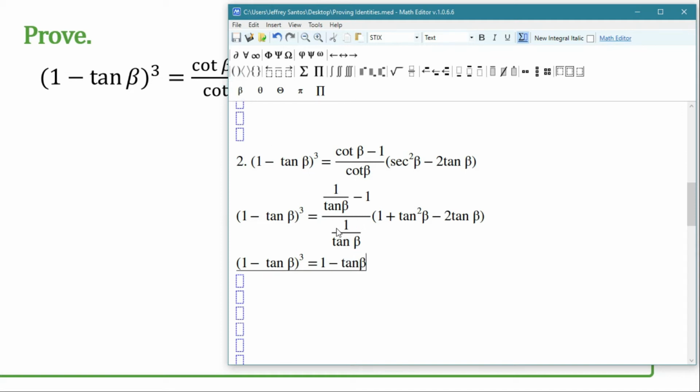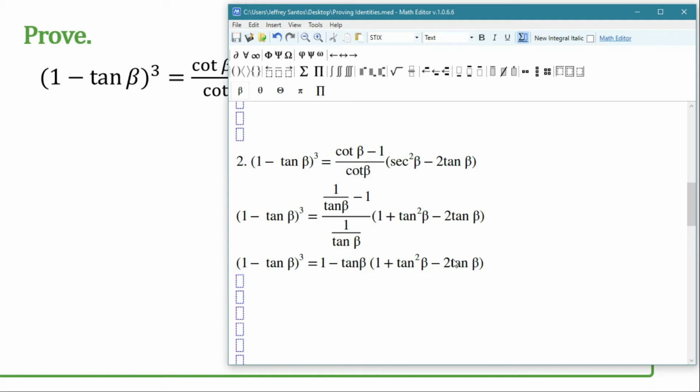So, if we simplify this one, ito po yung kalalabasan niya. Using the knowledge of simplifying complex fractions. And then, we copy this one because we cannot simplify it anymore. So, ito po yung magiging resulting equation.